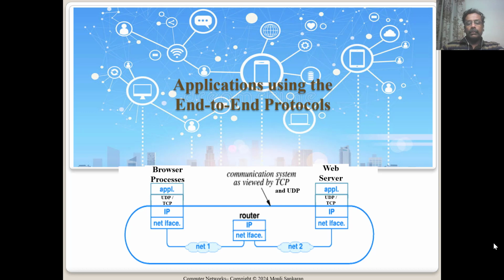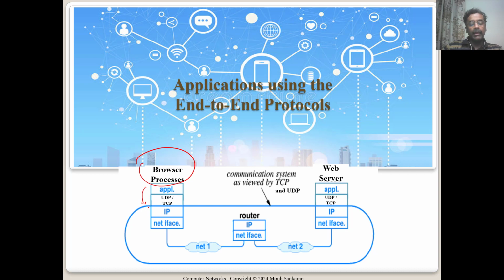Now we are talking about two applications talking to each other, which are running on two different machines over the network. There could be a web browser, which is a typical example of accessing a web page, and it is generating some data.